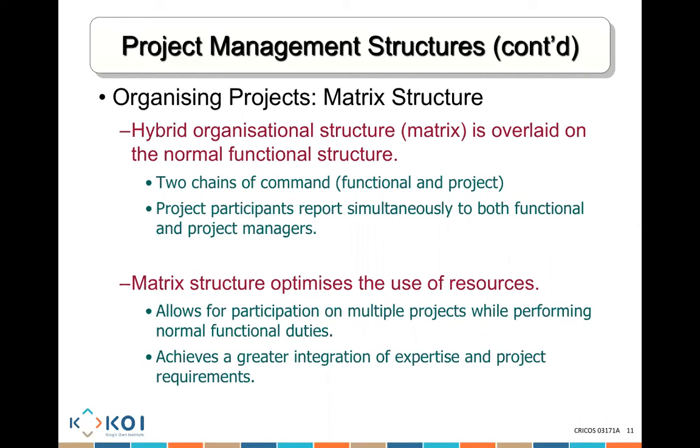Another project I'll be allocated to work on another 35% of the time. So that's 70%. And I'm already only working on 30% capacity in my marketing department. So that is exactly 100% work option that I'm already doing in that specific environment. So basically it allows for participation on multiple projects while performing normal functional duties.